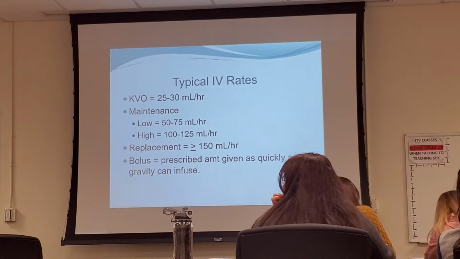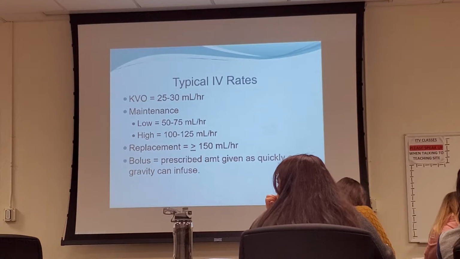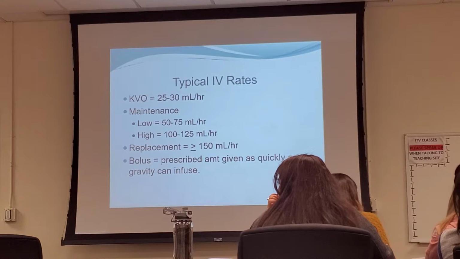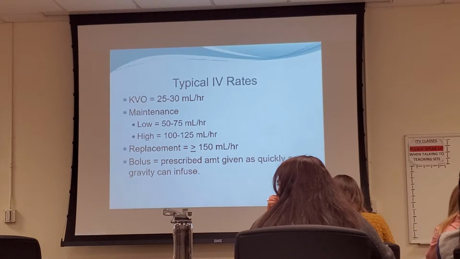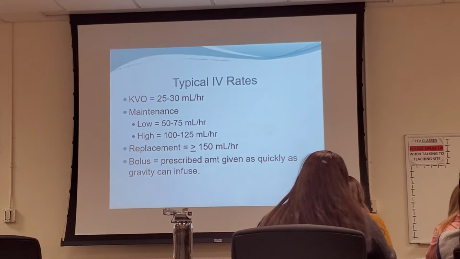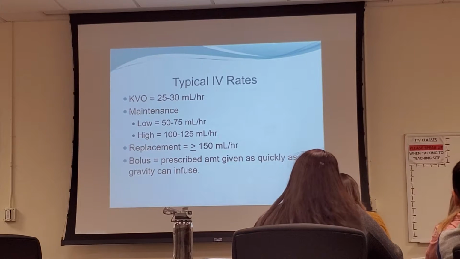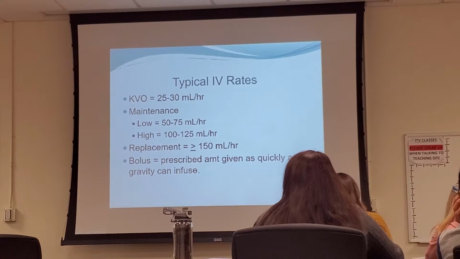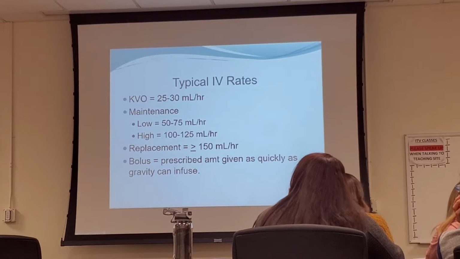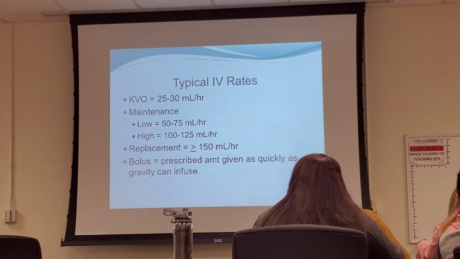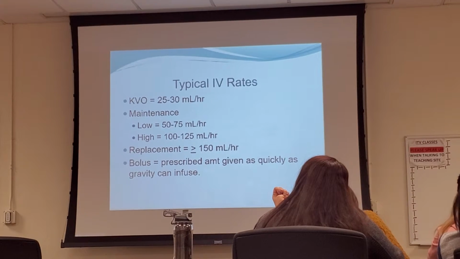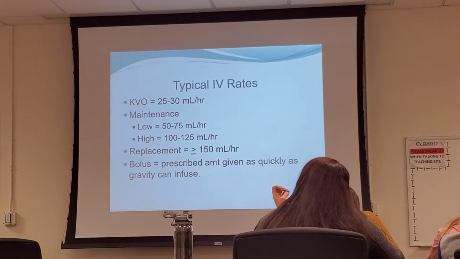So even though we say a fluid restriction of 1,200 mils, we're talking about oral restriction, the physician is factoring in if he's giving any type of IV fluids at all to that patient. May not be giving anything because they're able to take in enough oral on their own. But basically somebody who has a cardiac problem or a renal problem would probably fall under the low maintenance so that we don't put them into a hypervolemic state. And someone who has a healthy heart or healthy kidneys, the high maintenance rate.